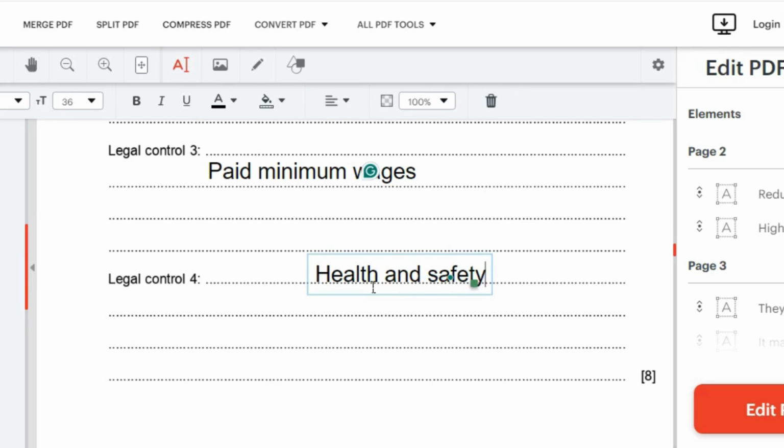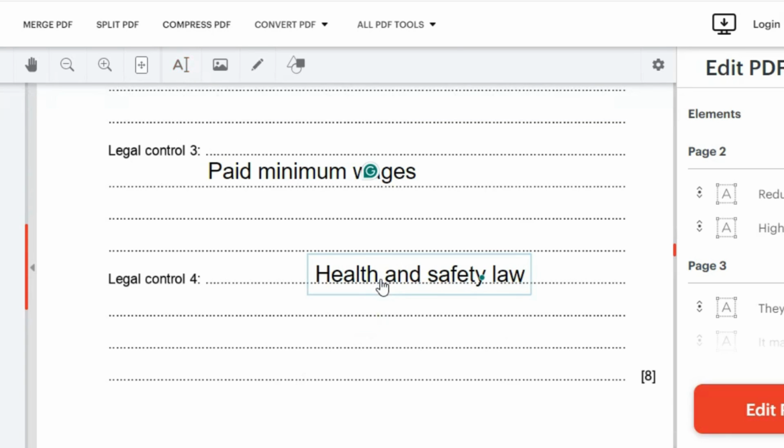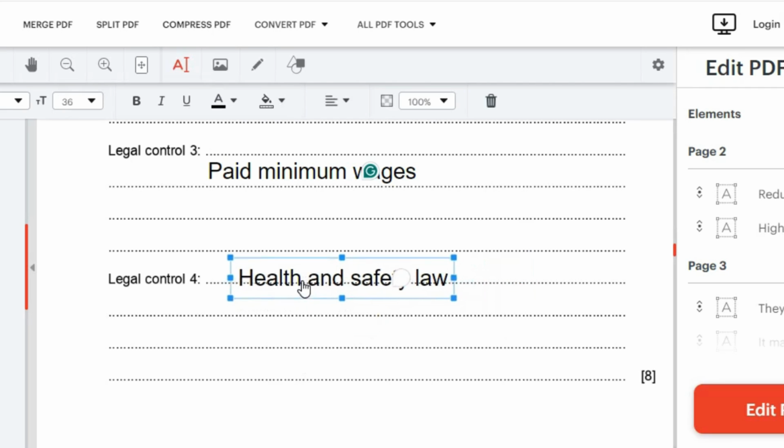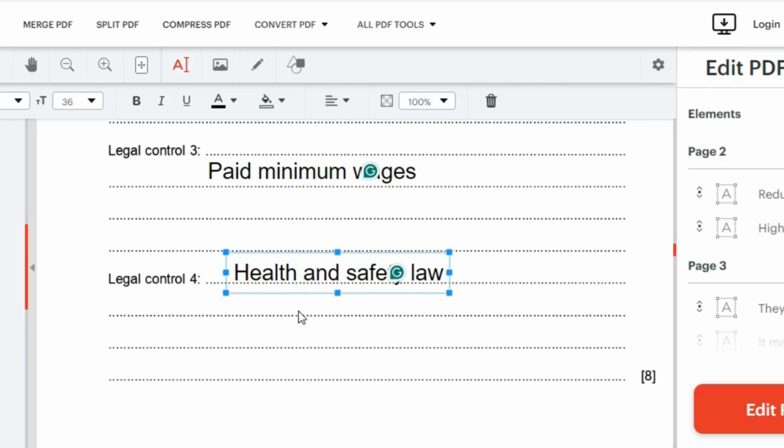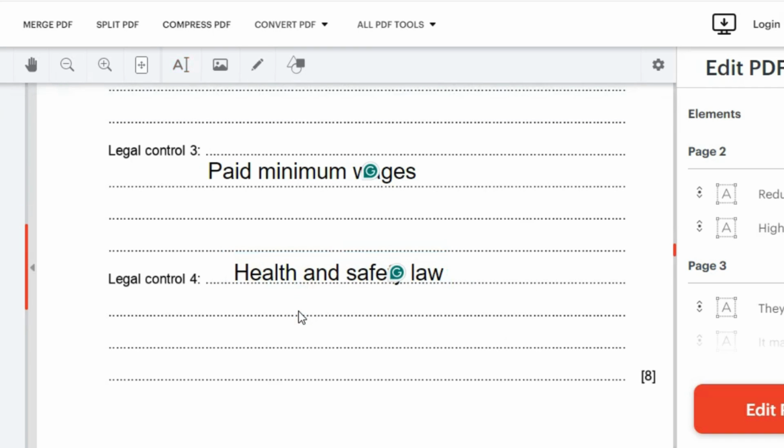Now, how do these health and safety laws serve as a legal control that benefits an employee? Of course, the employee will not get hurt while doing their work. Of course, we still have more legal controls, but we were told to just mention 4 here.